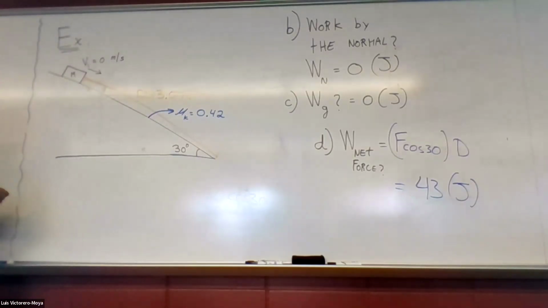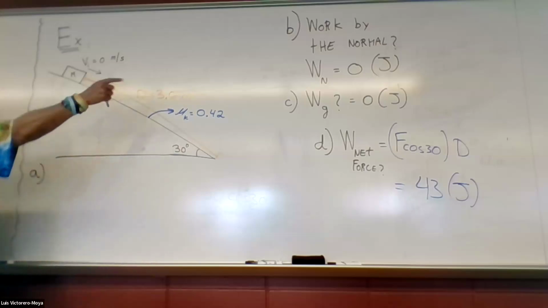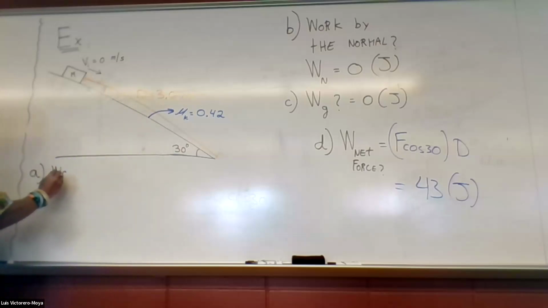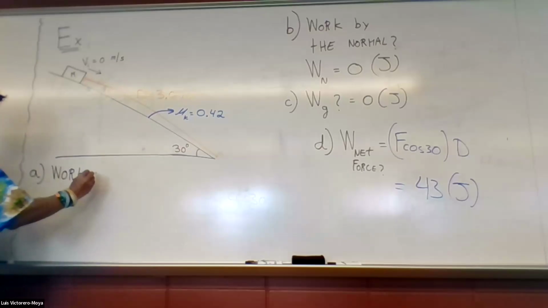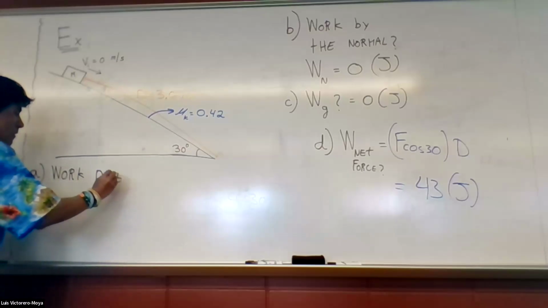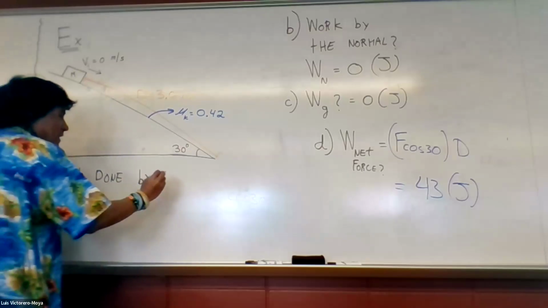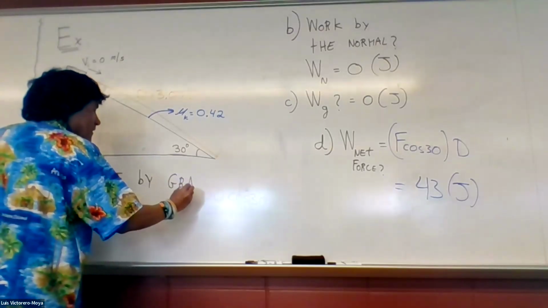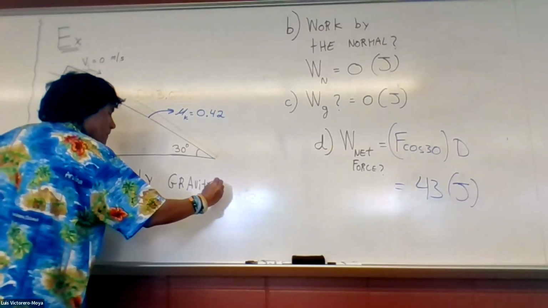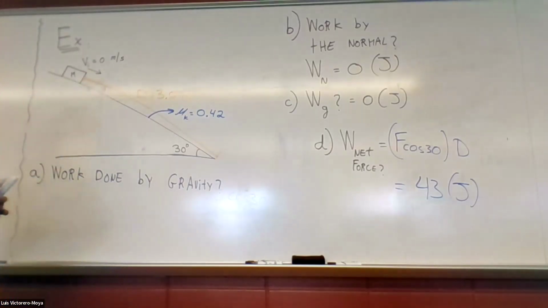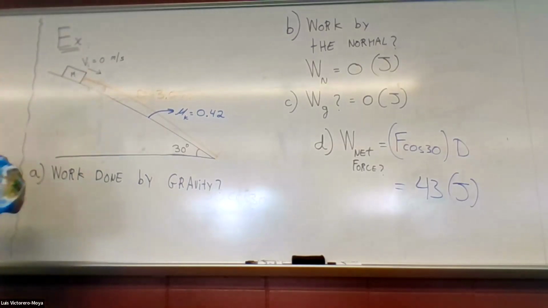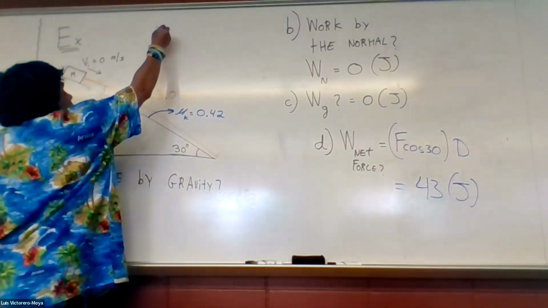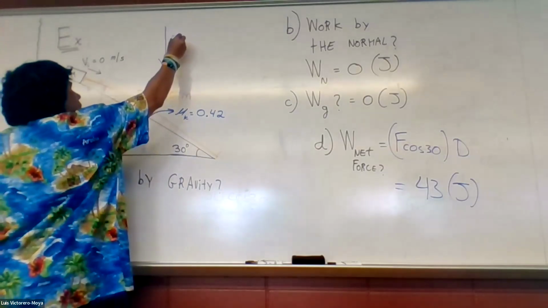Okay, so you see over there the initial velocity was 0, right? So what's the work done by gravity? So gravity is always acting downwards.